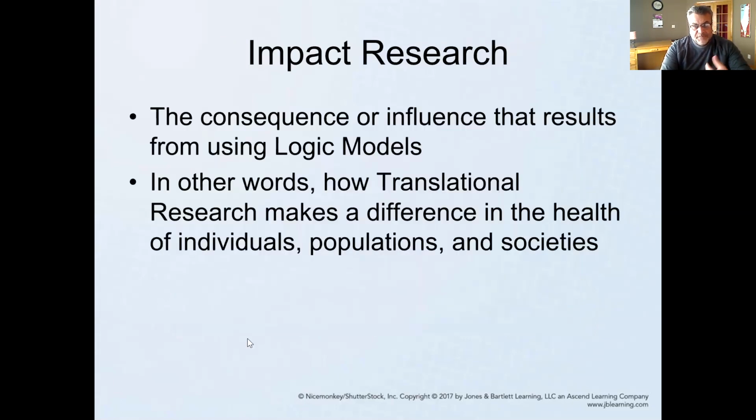So impact research basically is, what is the outcome? What is the result that has influence or consequence on whatever problem you're studying.